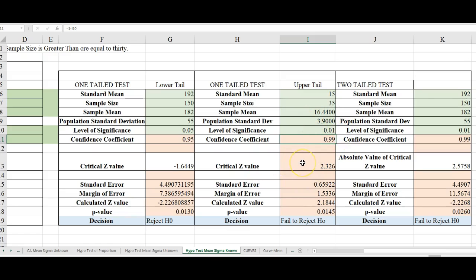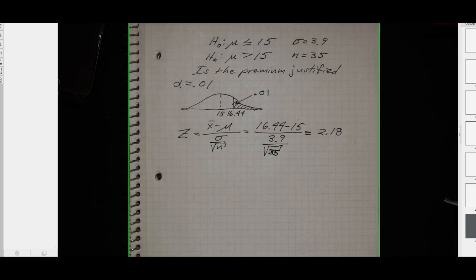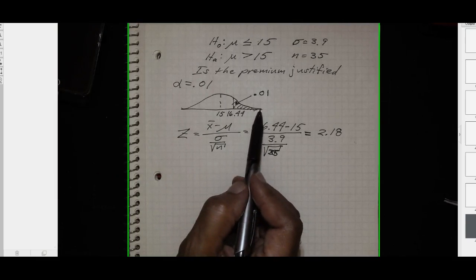It calculates the critical z-value for me using the absolute value of the normal standard distribution, the inverse, where I'm entering in the level of significance, which is 0.01, and it's giving me the z-value that corresponds to that area under the curve, which is here in my diagram.